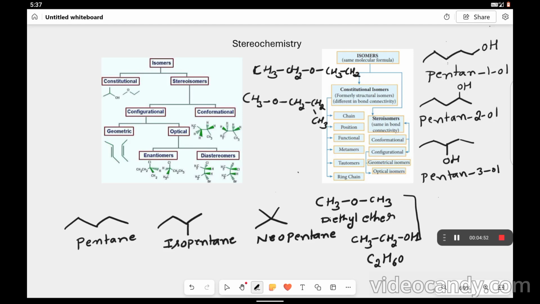Next one is tautomerism. Tautomers exist in dynamic equilibrium. For example, the compound ethyl acetoacetate is going to exist in one more state.